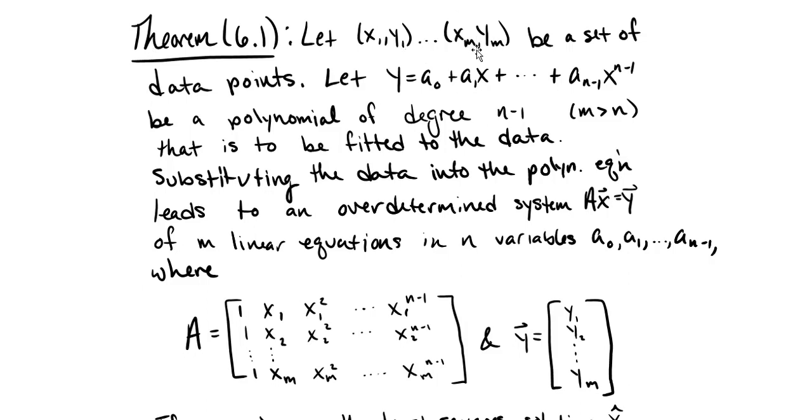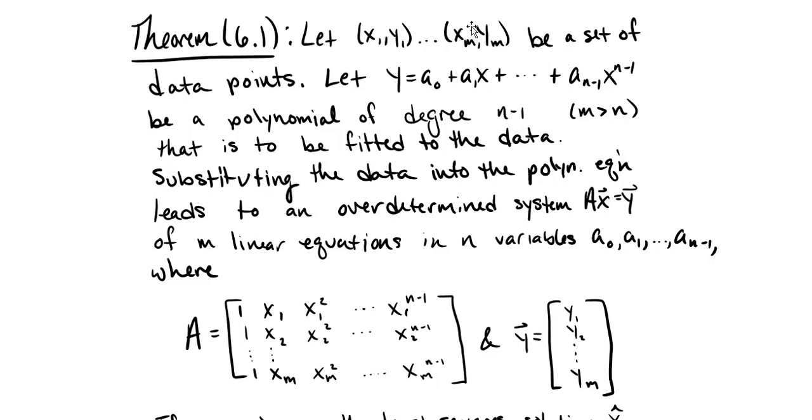Let (x1, y1) through (xm, ym), so m of these data points, be a set of data points we're trying to model or approximate with a function. Let y equals a0 plus a1x all the way up through a(n-1)x to the n minus 1 be a polynomial of degree n minus 1, where n is less than the number of data points we have.